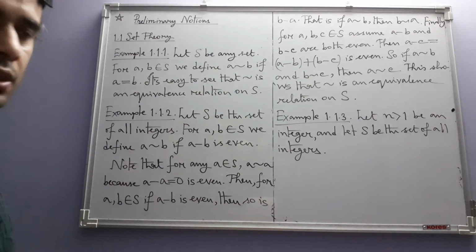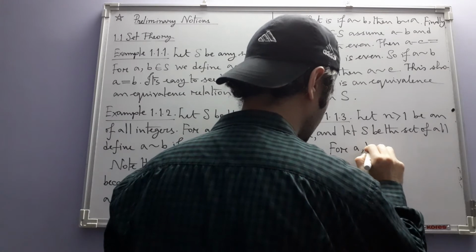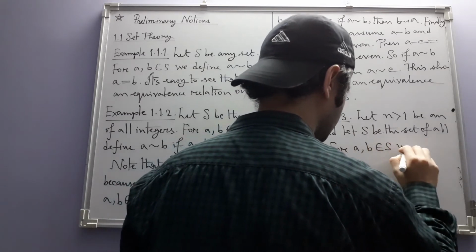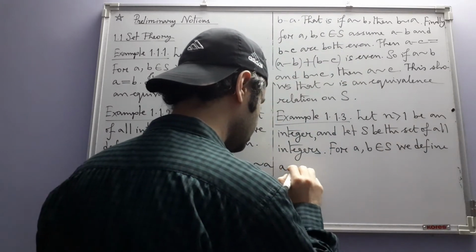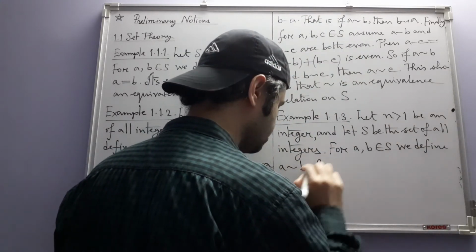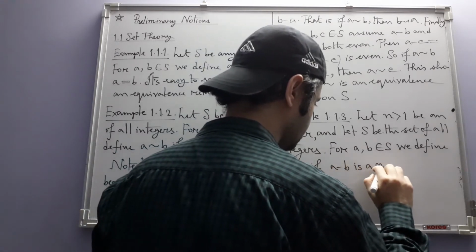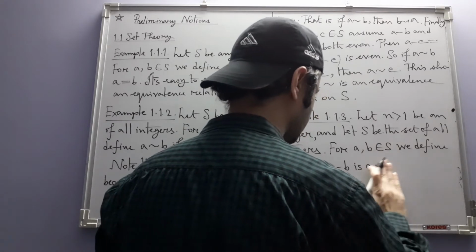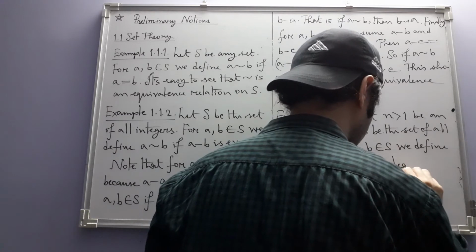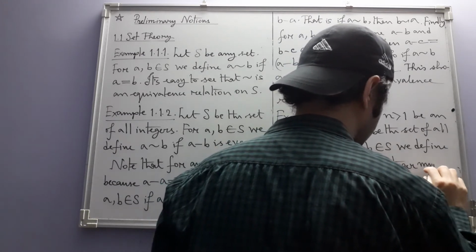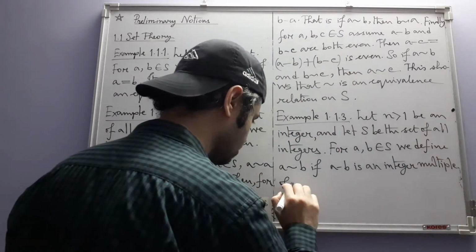Okay, now we are going to define a relation. For A and B in S, we define A to be related to B if A minus B is an integer multiple of n.